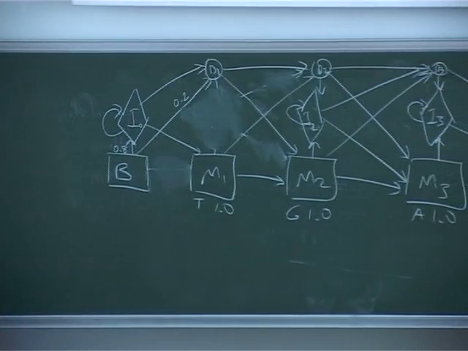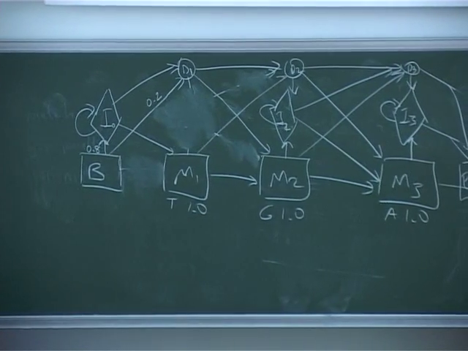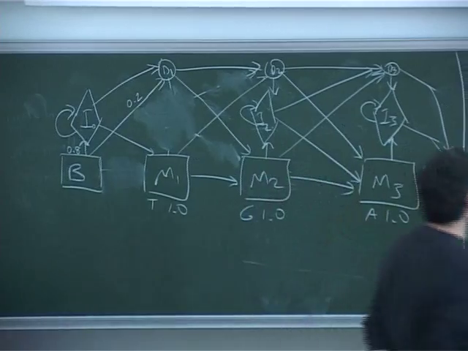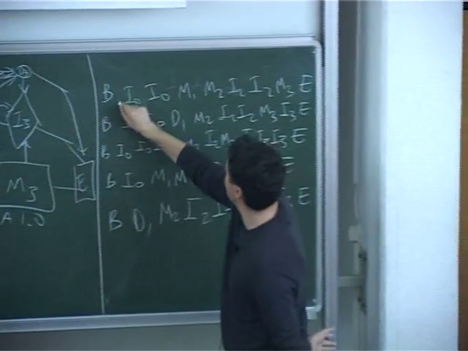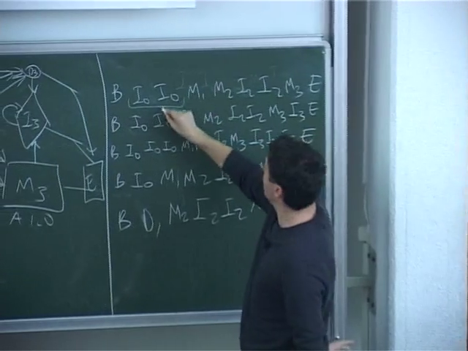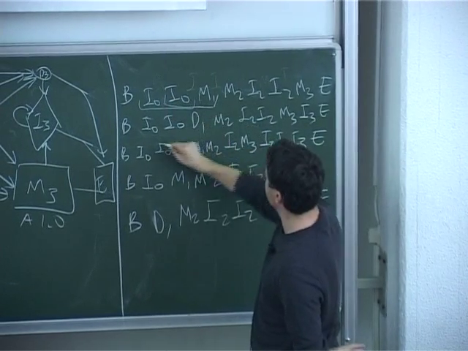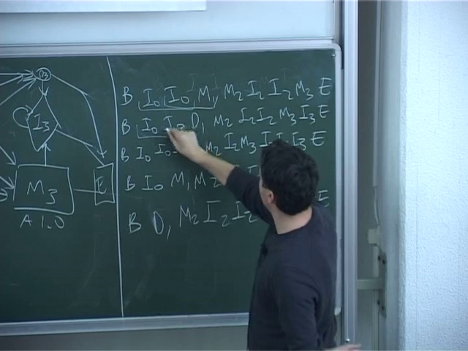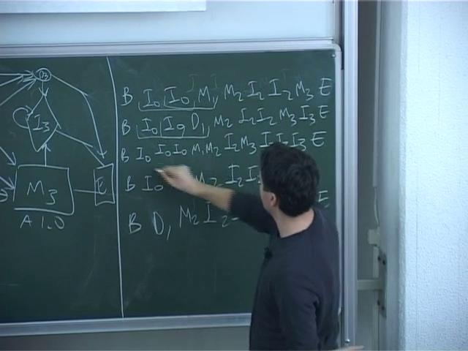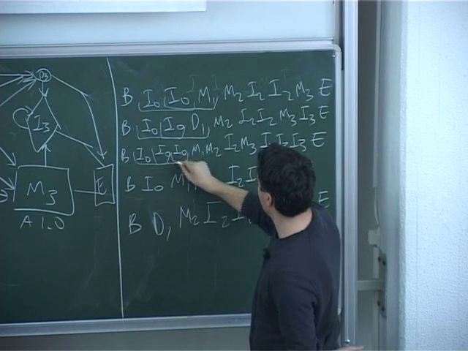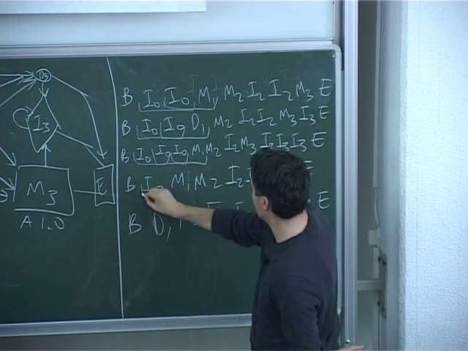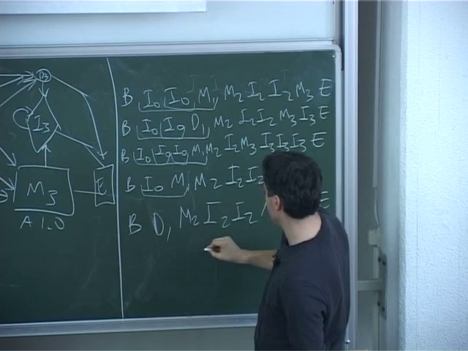Now let's look at outgoing arrows from I0. Again, all we are going to do is counting. From I0, what do I do? So I0, M1, I0, D1, I0, I0, M1, M1, and that's it.